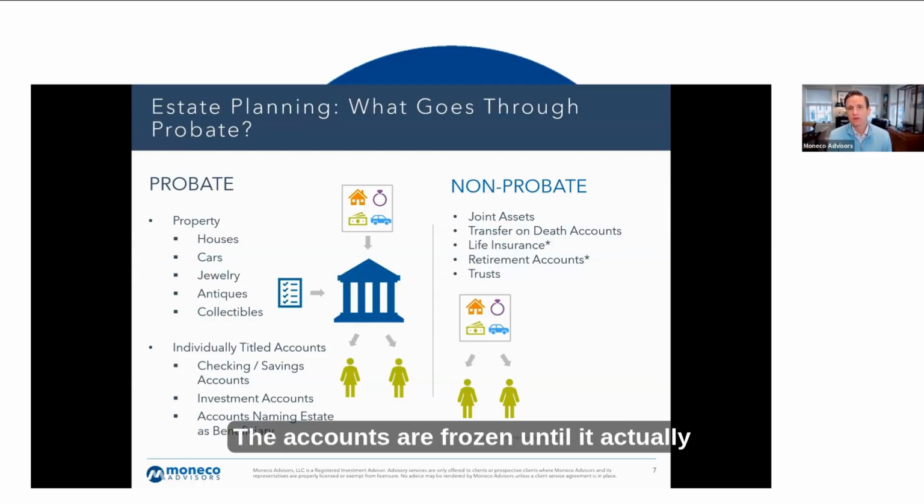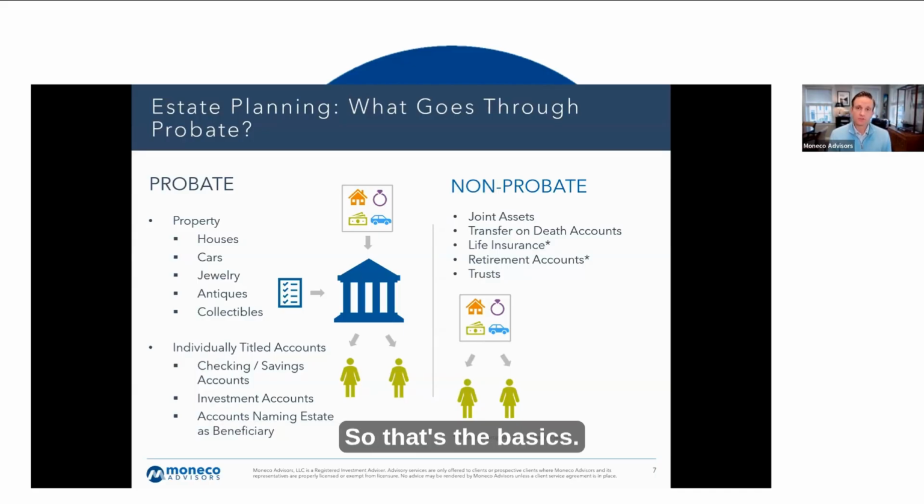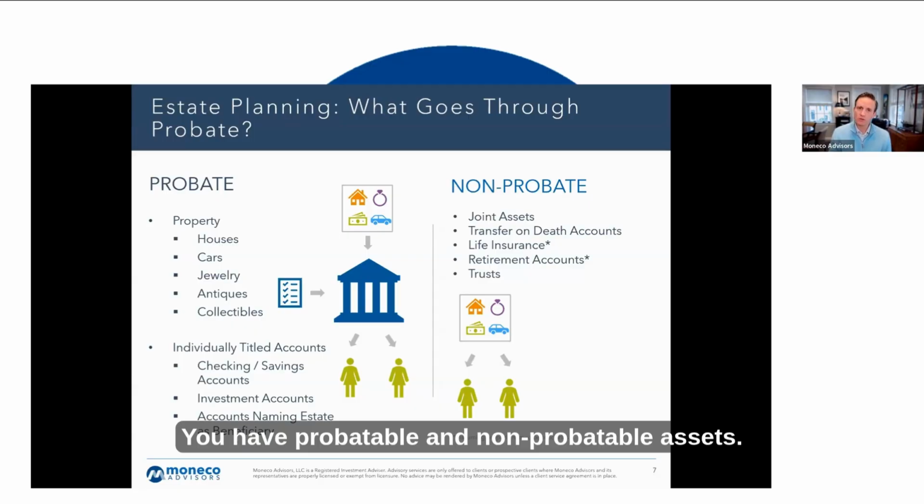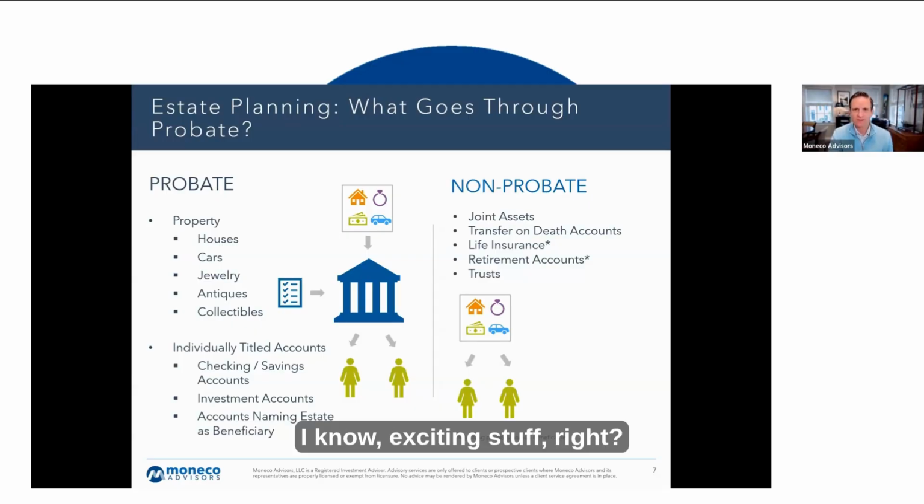The accounts are frozen until it actually goes into the estate of so-and-so. So having non-probatable assets can actually make it a lot easier to get access to money, and something you should absolutely consider when putting together your estate plan. So that's the basics. You have probatable and non-probatable assets. I know, exciting stuff, right?